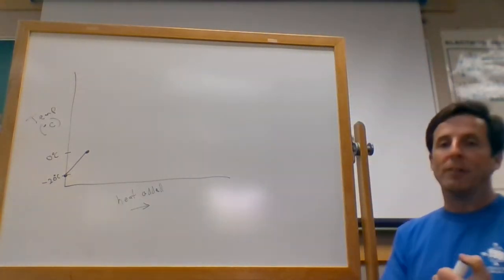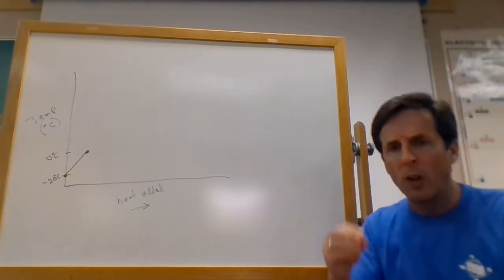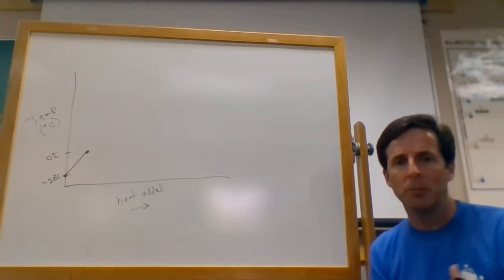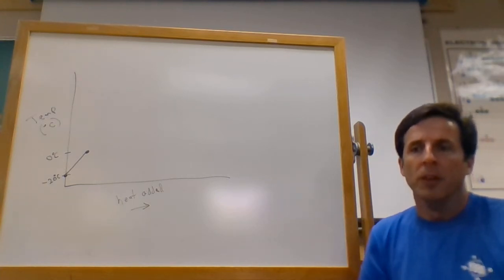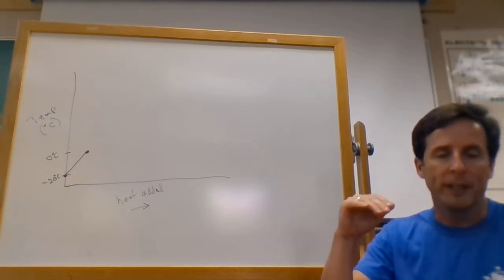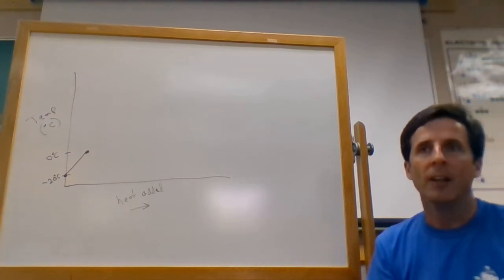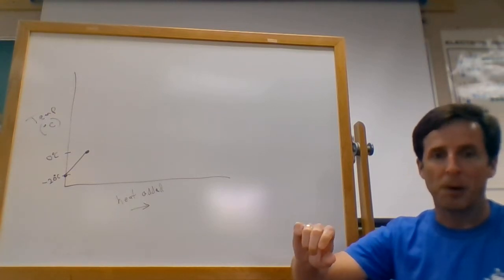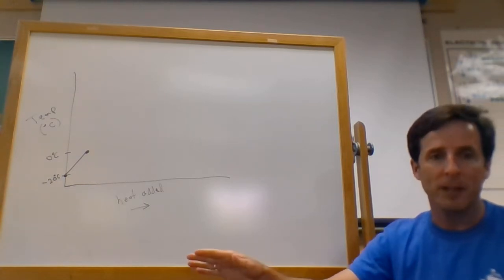Now, we have to think about what the graph is going to look like when melting happens. A lot of students have trouble with the idea of melting, but when I go to boiling, everybody's pretty clear that if I take a pot of water and put it on the stove and warm it up, when it gets up to 100, the water starts boiling. Let's say I leave the burner on high and it boils for 45 minutes.